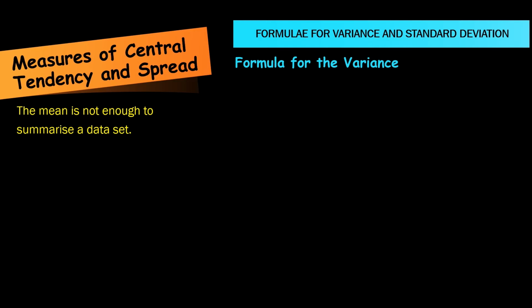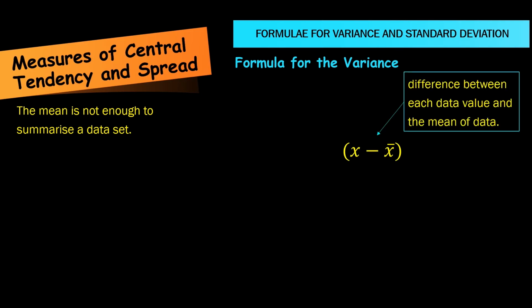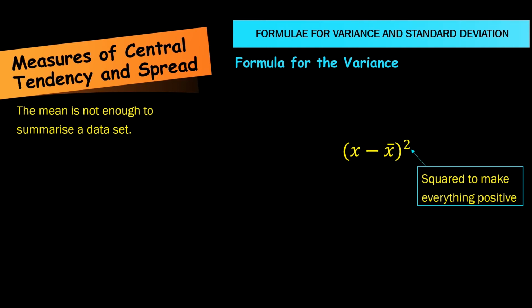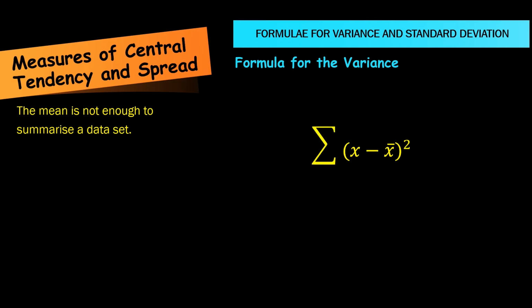So now let's define a formula for the variance. Remember, we started with x minus x bar. This was the difference between each data value and the mean of the data. We then squared it to make everything positive. We then added all the values up.